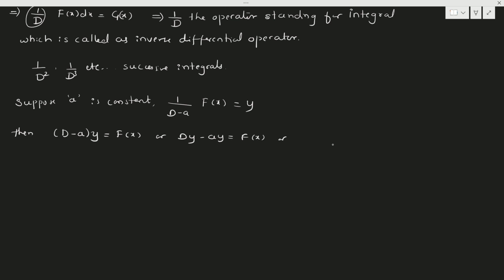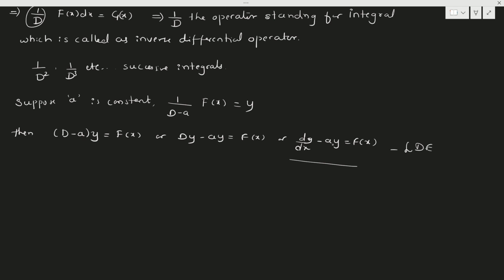Writing D as d by dx, it is dy by dx minus ay equal to f of x. What is this? This is a linear differential equation.